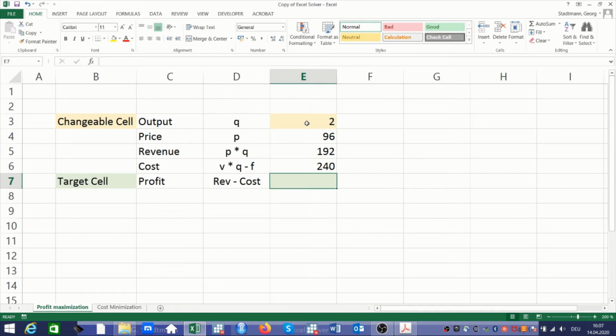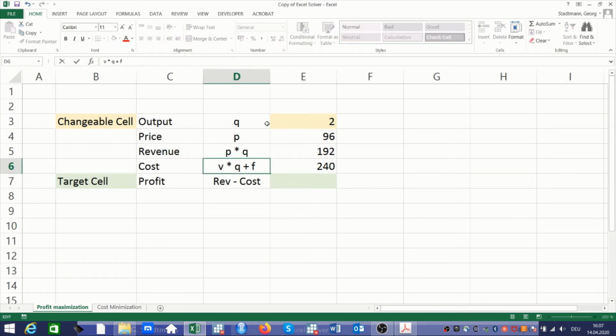So here is one slight mistake. Of course, we don't have to subtract the fixed cost. We have to add the fixed cost. So right now, the quantity produced is equal to 2. So the costs are equal to 40 units variable cost and 200 units fixed cost. Let's compute the profit. Profit is given by revenue minus cost, E5 minus E6.